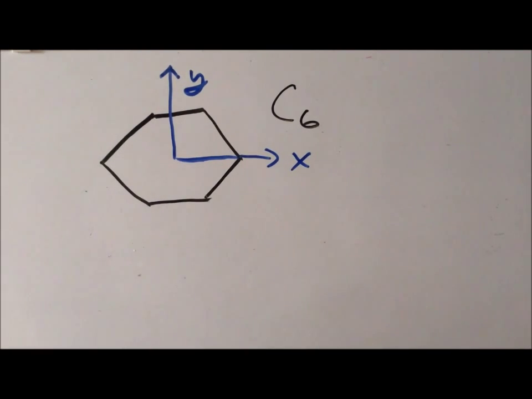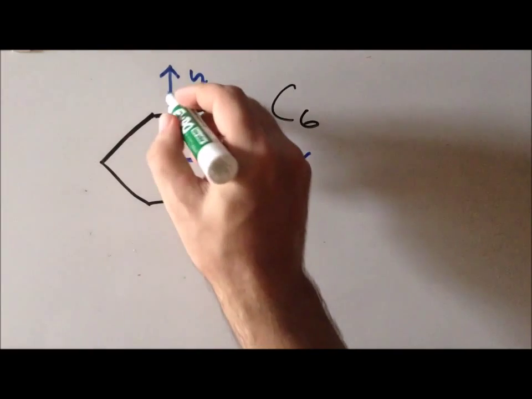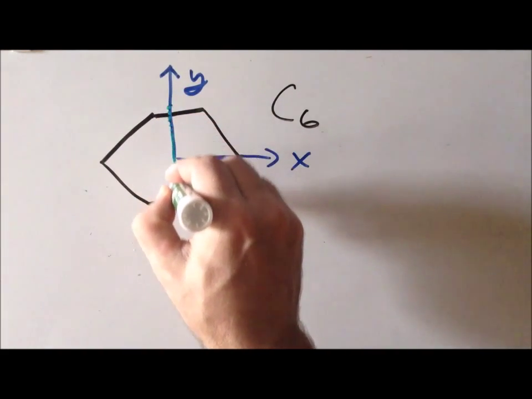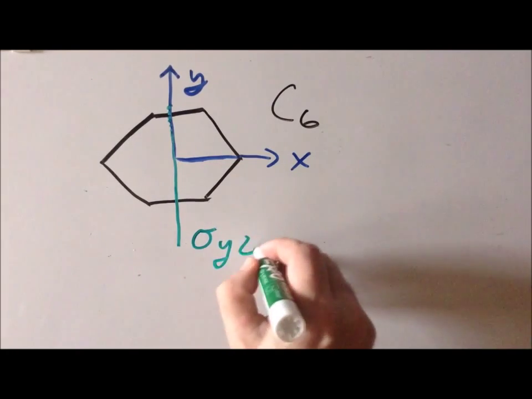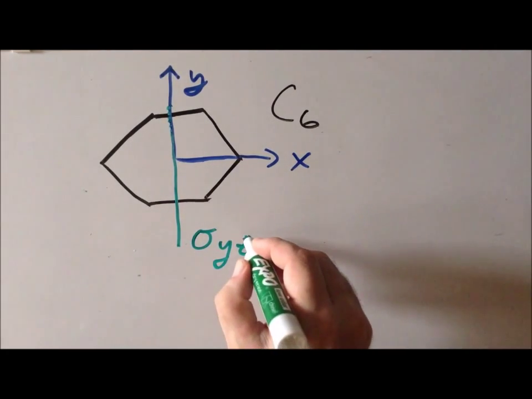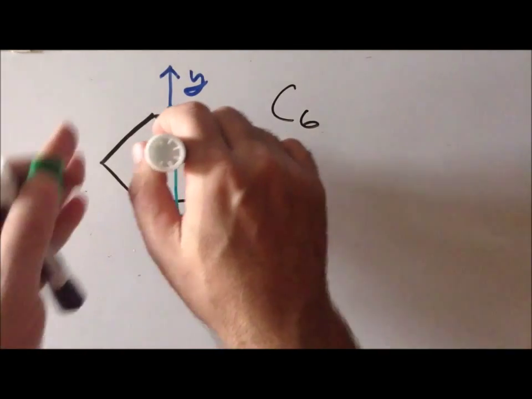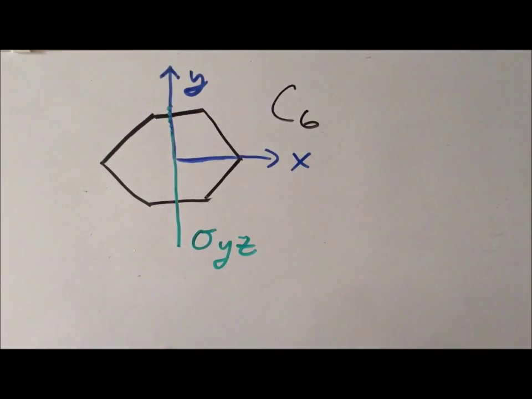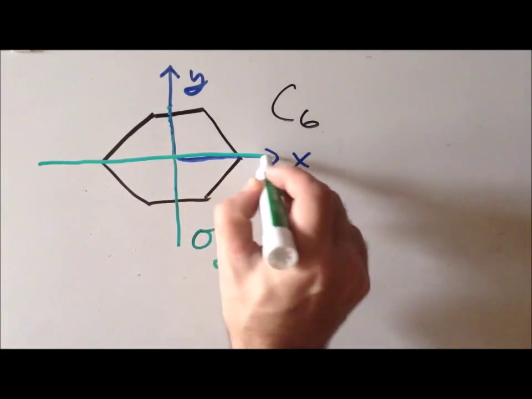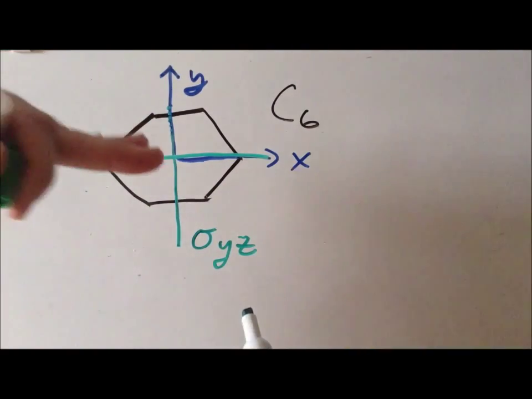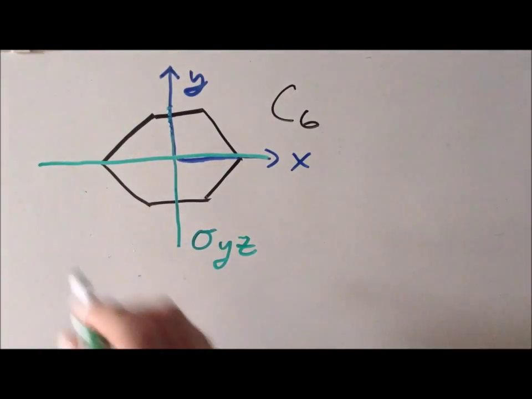And we notice, since it includes the high order rotation axis, it's not going to be a horizontal mirror, so it has to be either a vertical or a dihedral mirror. We can also have a mirror plane that goes along this line and then perpendicular to that, coming up into the z-axis also. So this is going to be sigma xz. And since, again, it's not perpendicular to the high order rotation axis, it's not going to be a horizontal mirror. So we've seen two different mirrors.